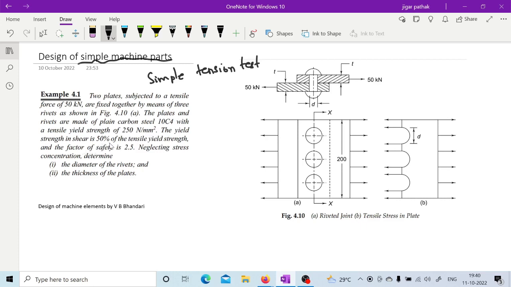The yield strength in shear is 50% of the tensile yield strength, and the factor of safety is 2.5. Neglecting stress concentration, determine the diameter of the rivet and the thickness of the plates. So I guess you can try and attempt this question.